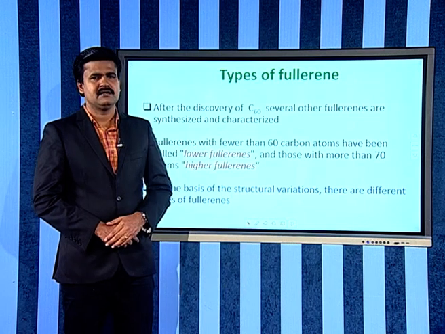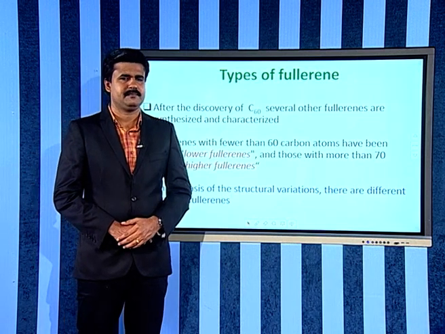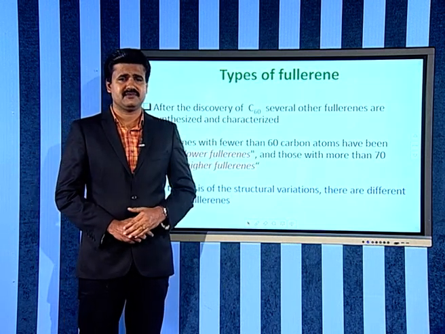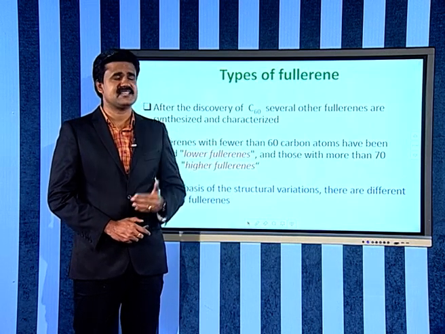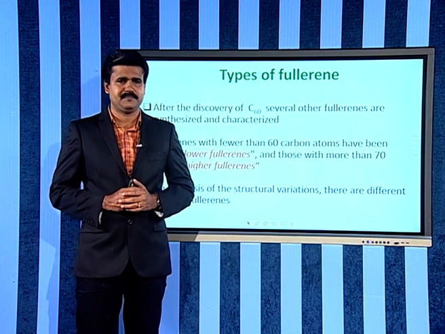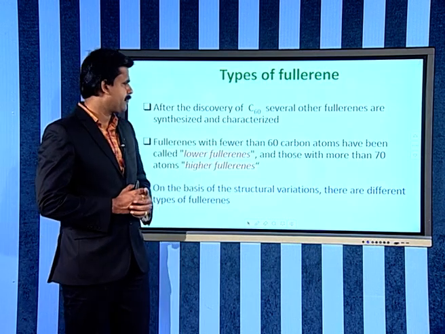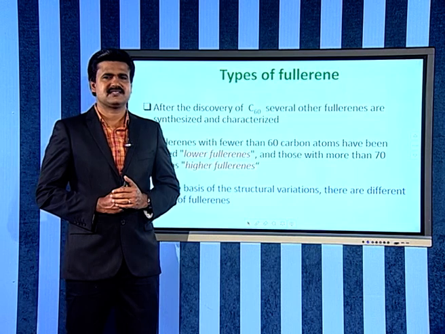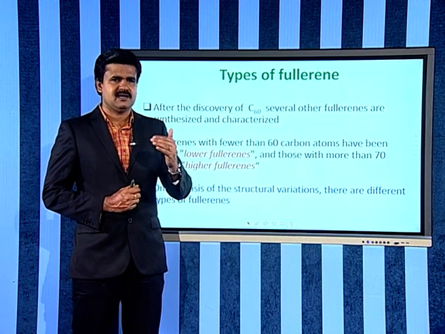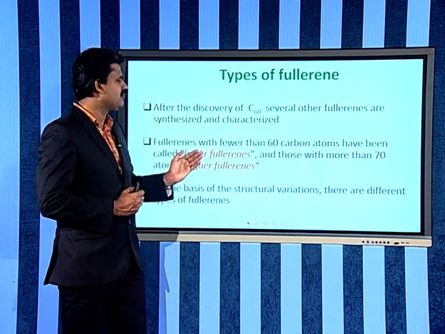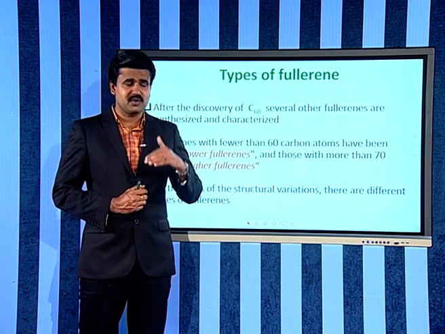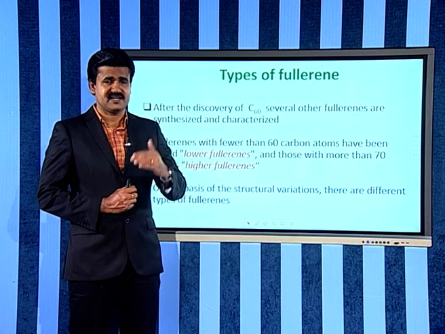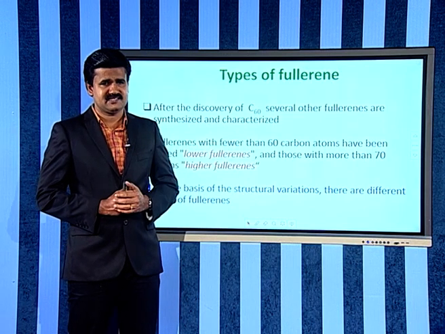Now, types of fullerene. After the discovery of C60, several fullerenes have been synthesized and characterized. Fullerenes with fewer than 60 carbon atoms are known as lower fullerenes, whereas those with more than 70 carbon atoms are designated as higher fullerenes.